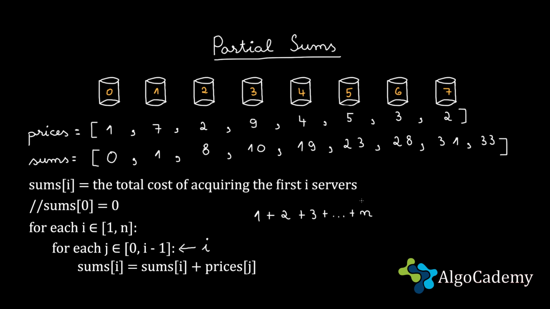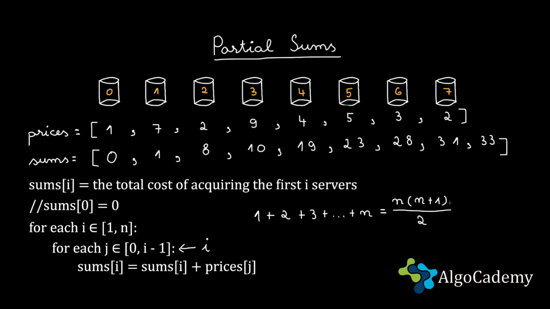Now, we have to compute this sum in order to know the total number of operations our algorithm does. As you probably know, this is a Gauss sum. If you don't know, don't worry about it, just Google it. The point is that we have a formula for this, which is n times (n plus 1) divided by 2, right?